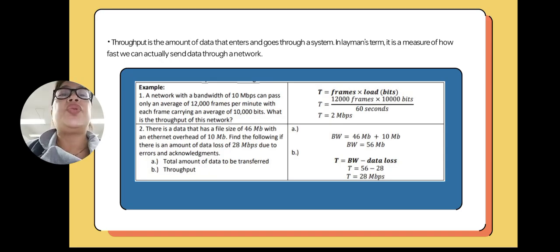What is the throughput of this network? Throughput equals frames times load in bits: 12,000 frames times 10,000 bits over 60 seconds, for a total of 2 Mbps. The similar computation is shown below.